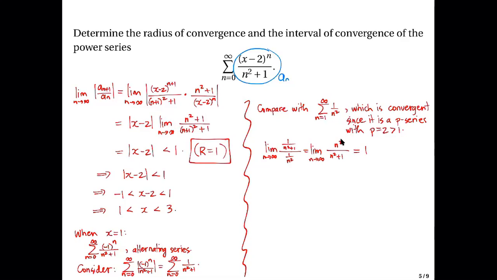Again, second degree polynomial in the numerator, second degree polynomial in the denominator. So just look at the leading coefficients. Since the limit is equal to 1 and this is greater than 0, by limit comparison test, the series 1 over n squared plus 1, n equals 0 up to plus infinity, this is convergent.